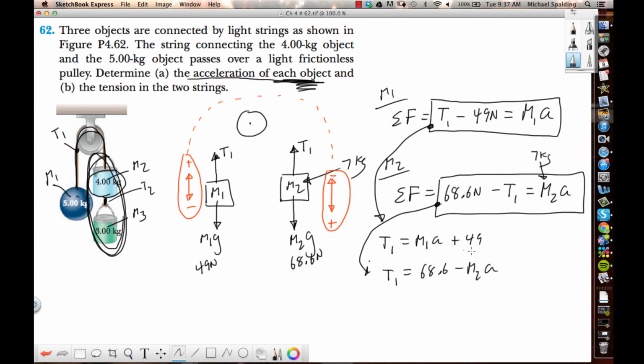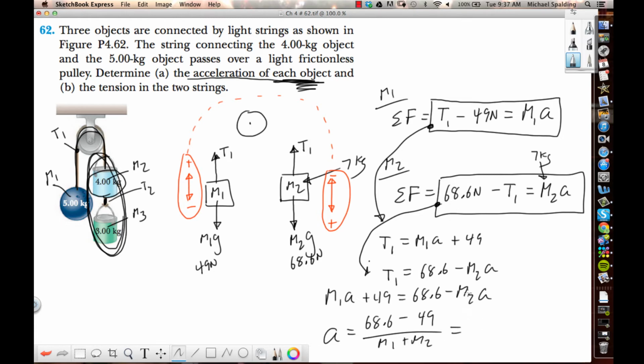So now if the T's are equal, then the right side of the equation is equal. So we got M1A plus 49 equals 68.6 minus M2A, and then solve for A. So A is going to be 68.6 minus 49 over M1 plus M2.